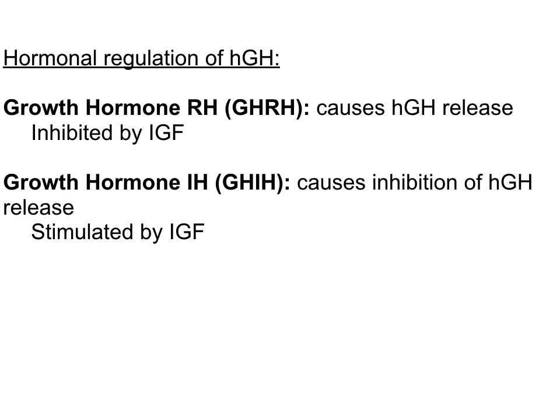So your little hypothalamus, when it sees high levels of insulin-like growth factor, it makes a decision. Those high levels of insulin-like growth factor tell the hypothalamus, we have enough growth hormone. You need to stop.